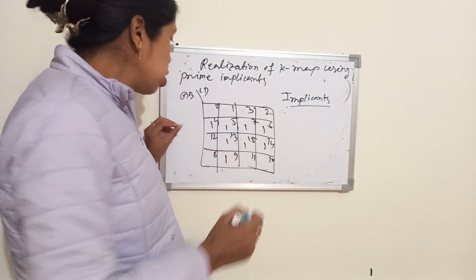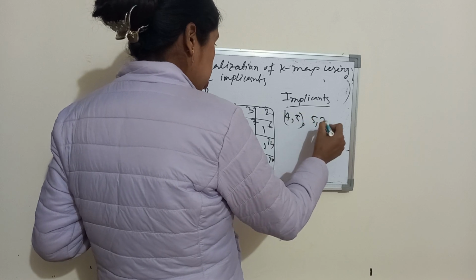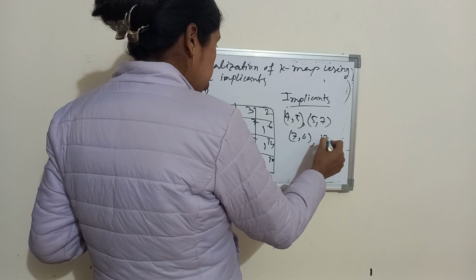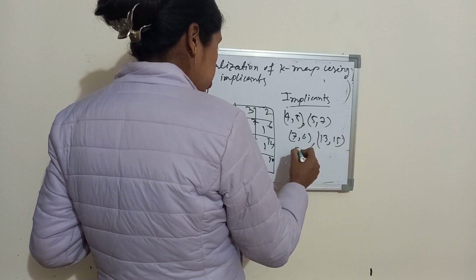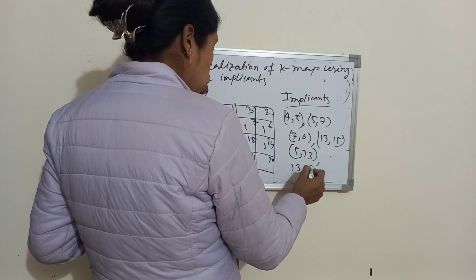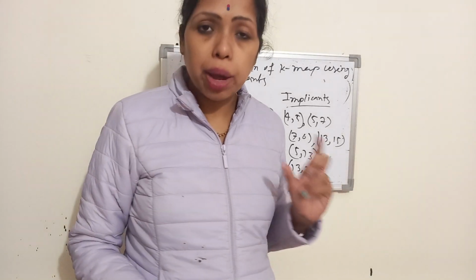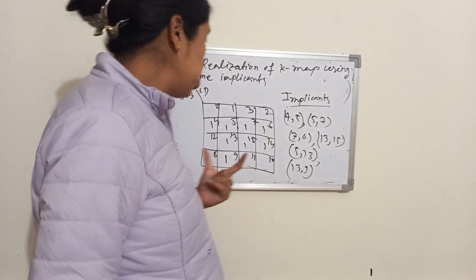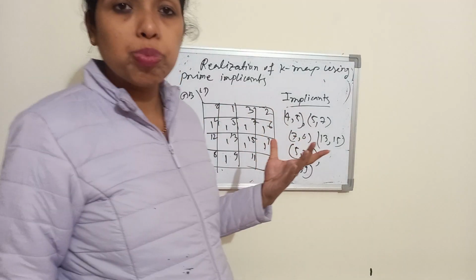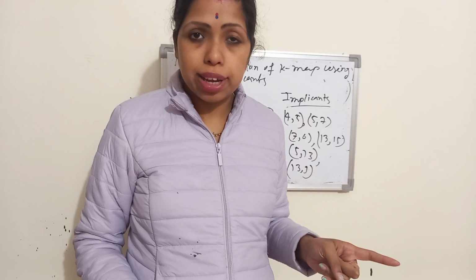Suppose 4 5, 5 7, 7 6, 13 15, 5 13, and 9 13, all are implicants. But when you come to the prime implicant, all prime implicants should be under the implicants, but all implicants should not be prime implicants.